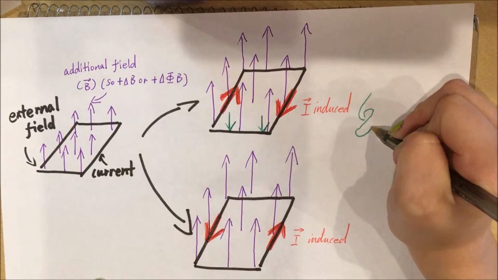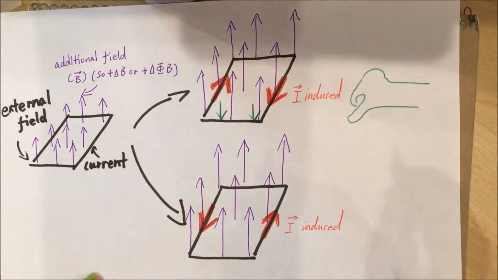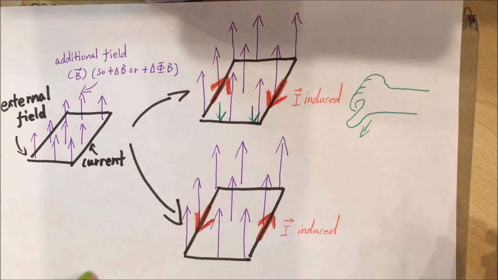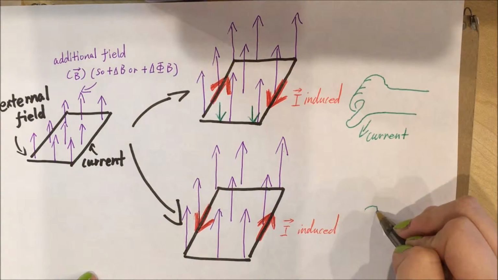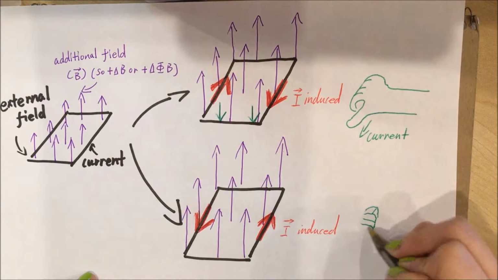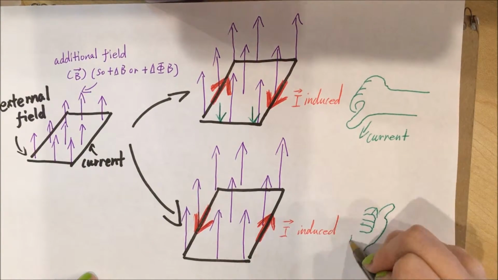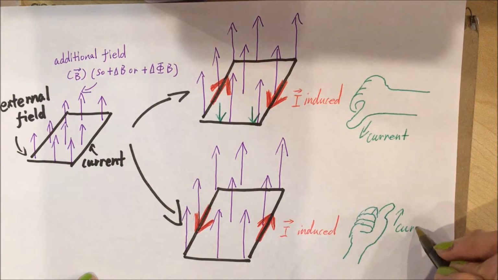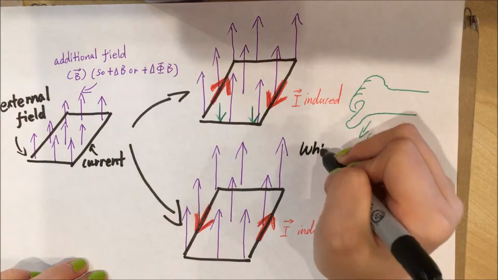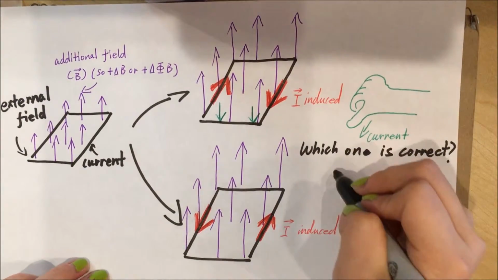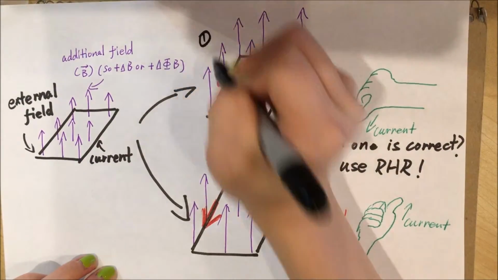Due to the right-hand rule, if the current's going this direction, then it will induce a magnetic field that points downward, mitigating the positive additional field added in the problem. And on the bottom, if the current goes that way, then the additional induced magnetic field will add to the already positively occurring magnetic field, and this won't help the problem.